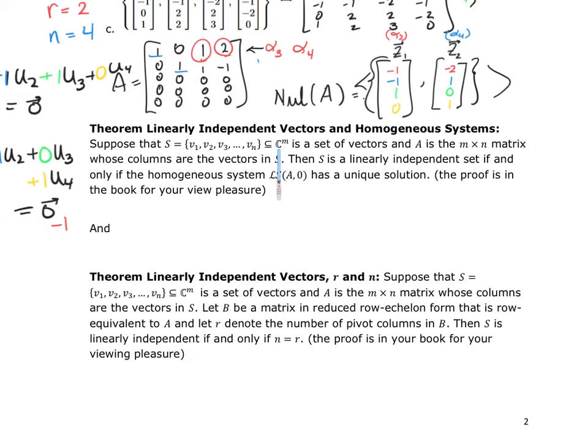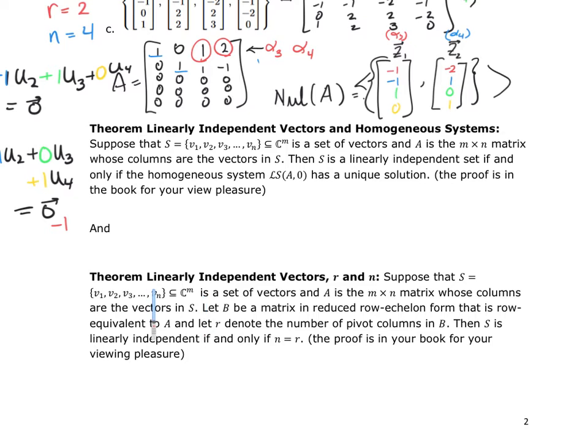Complex is a larger number set, so we usually stay in complex. This is a set of vectors, and A is the M by N matrix that is built with these columns, as are the vectors in the set S. Then it is linearly independent if and only if the homogeneous system of linear equations built with the matrix A, and 0 being the homogeneous, what it's equal to, the constants if you will, has a unique solution.